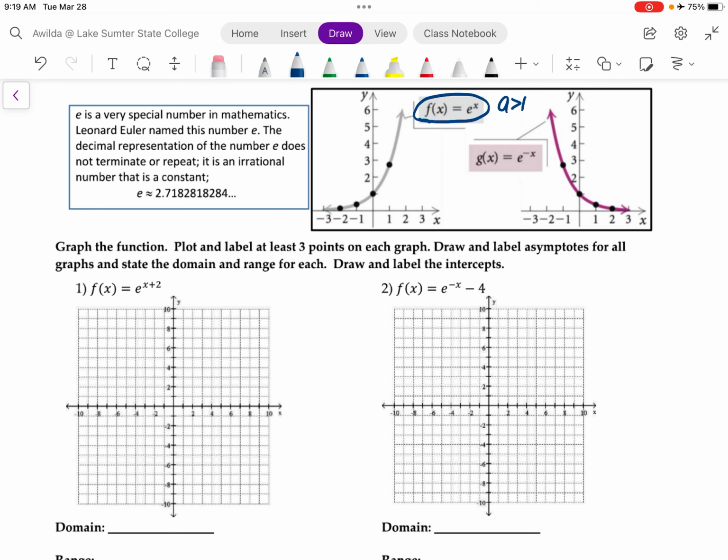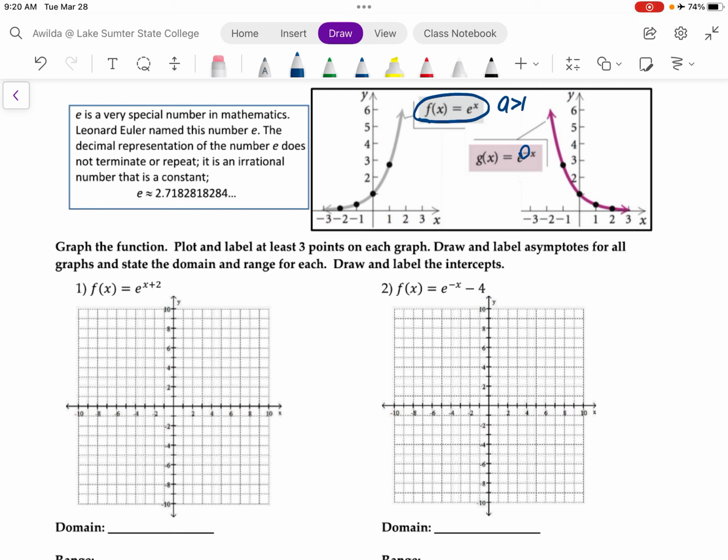On the other hand, if we write a second function, g of x equals e to the negative x power, multiplying by -1 for x is going to create a horizontal reflection across the y-axis. And so we get the graph that is decreasing from left to right.